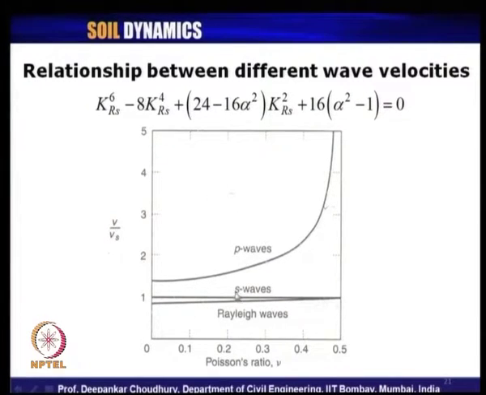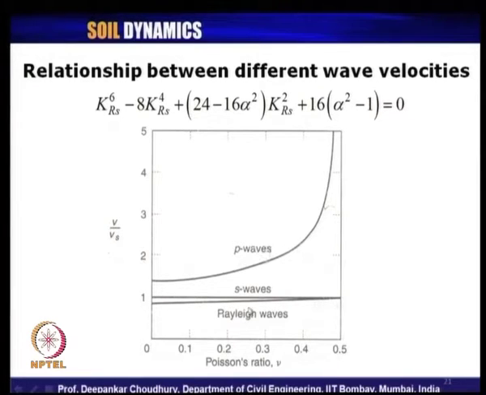So, that is why when we are talking about S wave, this is a line which is nothing but at a constant value of 1, because this ratio obviously will be 1, Vs by Vs, irrespective of Poisson's ratio. However, you can see the P wave values starting here like this, and here it will become infinity, because at 0.5 it is not giving any particular value. So, that is why the equation is not valid at a value of mu equal to 0.5, but just lower than that it is valid.